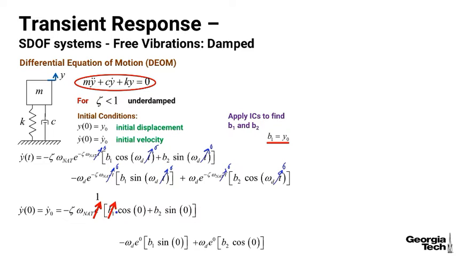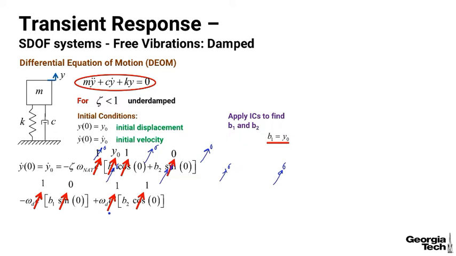Then I've got cosine of 0. We know what b1 was. We solved for it. That was equal to the initial displacement. Cosine 0 is equal to 1. Sine 0 is equal to 0. E to the 0 is equal to 1 again. Sine 0 is equal to 0. E to the 0 is equal to 1. And finally, cosine of 0 is equal to 1. So that's where we ended up.